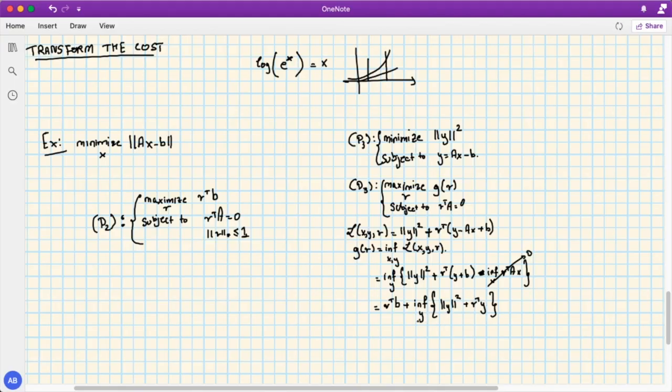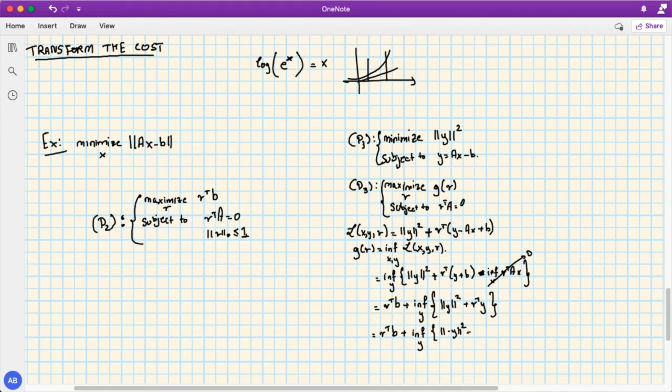Now this is actually the conjugate, but there's a minus sign. So let me rewrite this in another way. Nu transpose b plus the infimum over y. If I put here a minus, the norm of y squared is the same thing. This minus cancels with the square. Actually, the norm of a negative is the same as the norm, so nothing fancy here.